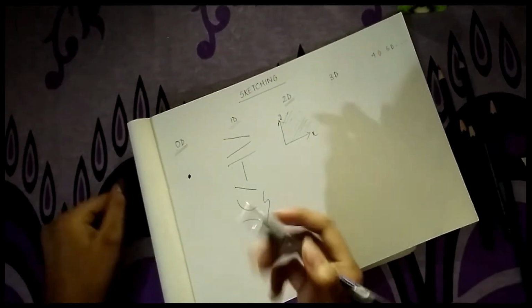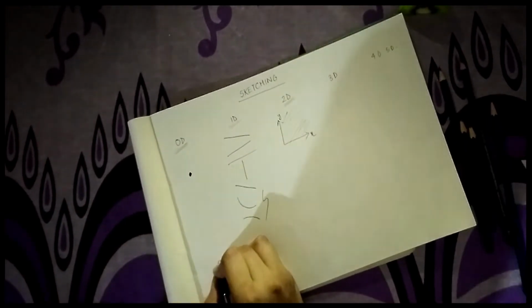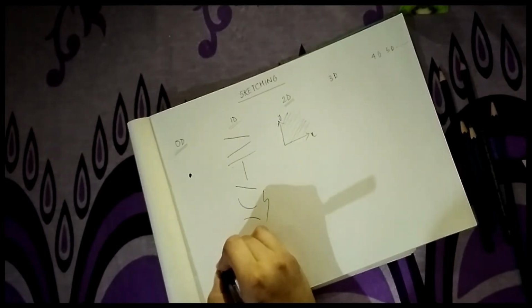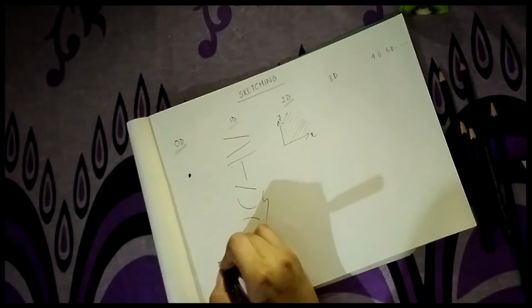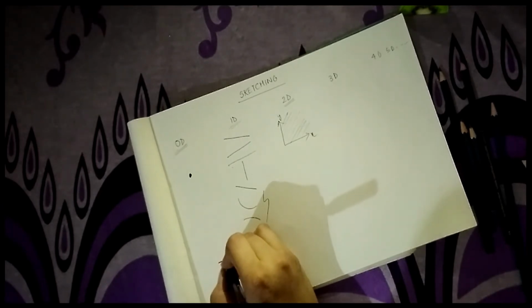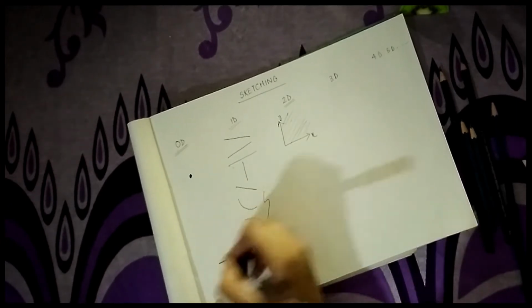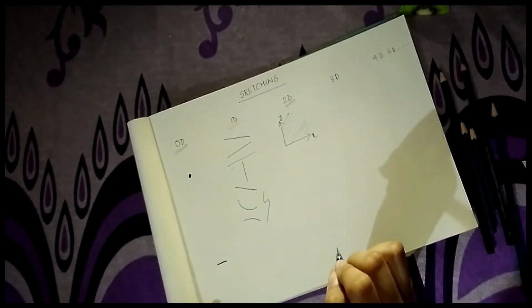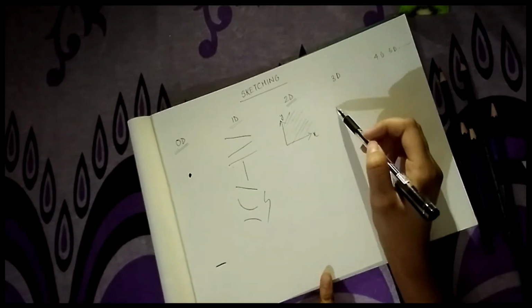How? See, when we draw points very compactly, very closely, we get a line, right?